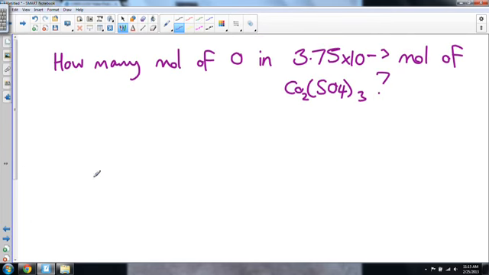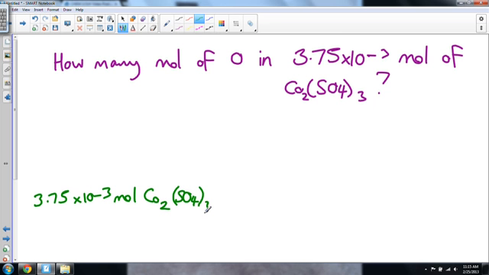Alright, one more. How many moles of oxygen in 3.75 times 10 to the negative 3 moles of cobalt-3 sulfate? So we know we're going to be starting with 3.75 times 10 to the negative 3 moles of cobalt-3 sulfate.